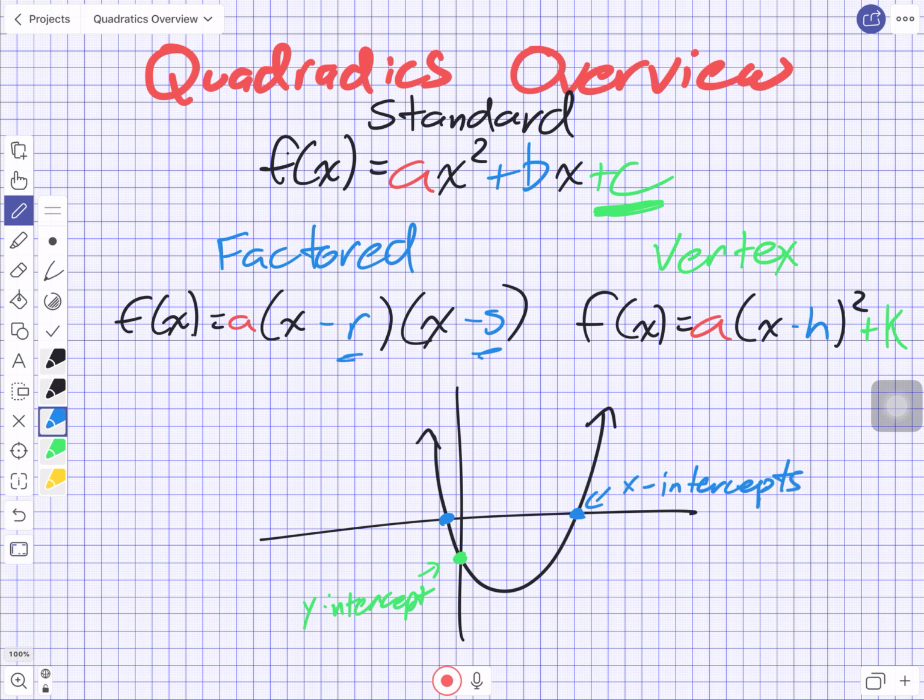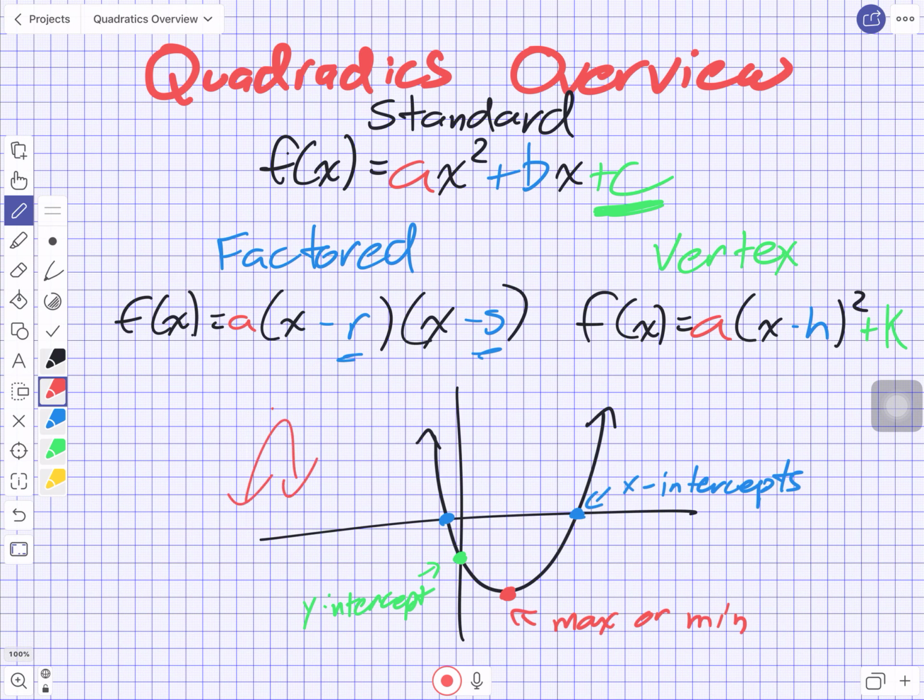And finally, I'll do this one in red. The vertex, which is also known as the max or the minimum. It's a minimum if it's facing upwards like this, because it's the lowest point.